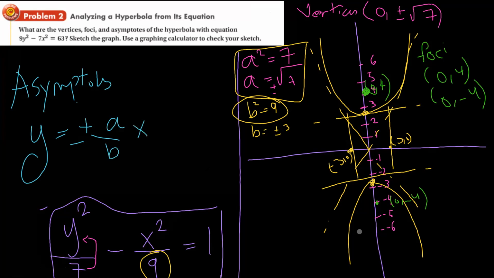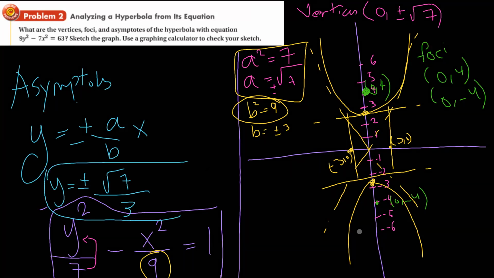Where is a? It is square root of 7. Where is b? It's 3. So y is equal to positive, negative, square root of 7 over 3, x.